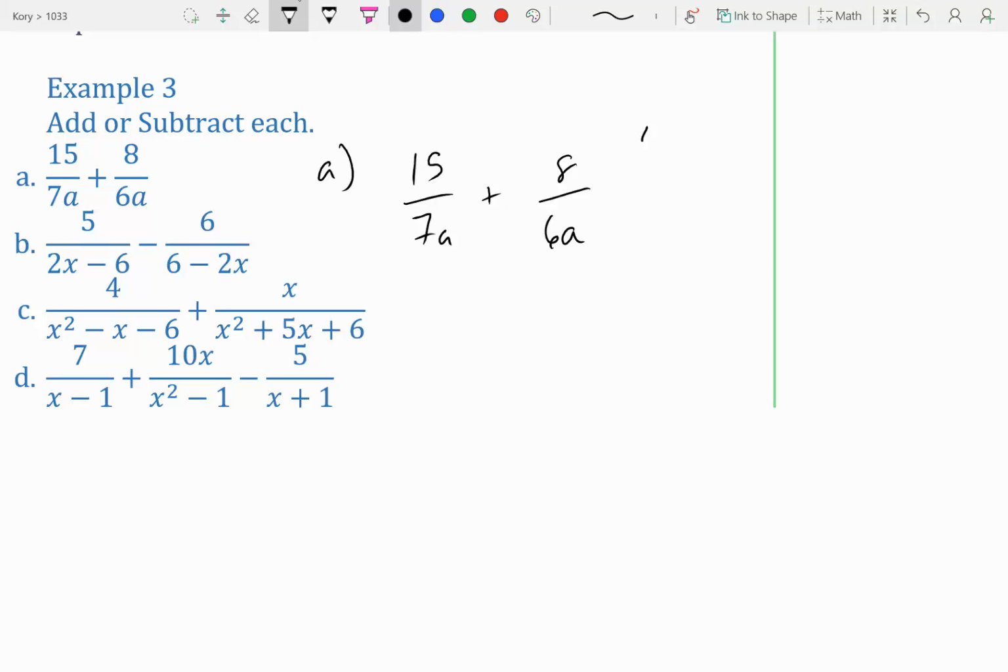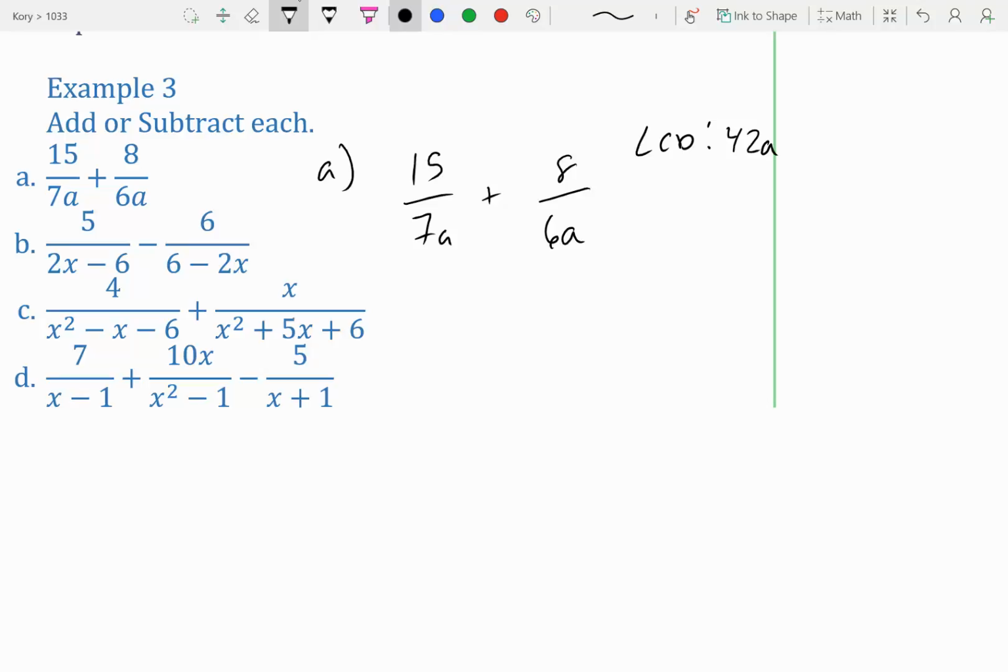Well, you're going to do that regardless of which way you do. So let's find the LCD. If you don't know it, multiply the two numbers together. What's 7 times 6? It's 42. And then you see how they both share an a, so that means they need to both have an a. Now, you do that regardless of whether you're doing my way or your way. You always want to take that first step and find the LCD.